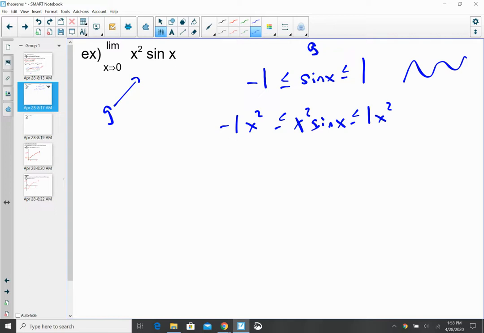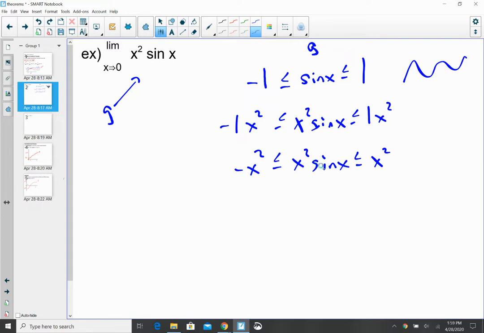So my function is always in between -x squared and positive x squared. This is like my f and h from the previous. And here's my g squeezed in the middle.